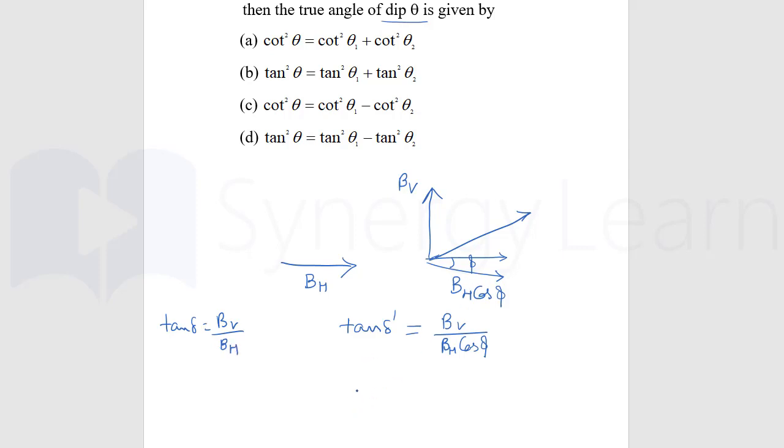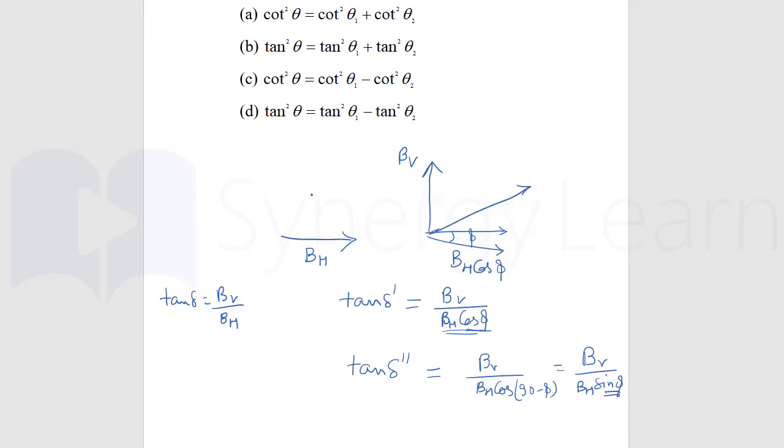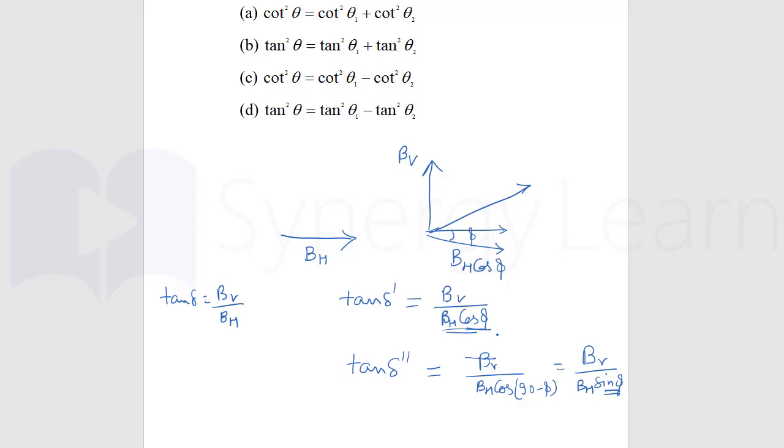In two perpendicular planes, if in one of the planes we have component BH cos phi, then in its perpendicular plane tan delta double dash will be equal to BV by BH cos 90 minus phi, which is sin phi. That is BV by BH sin phi. We already know that in perpendicular planes, if one of the components is cos, then the other will be sin. So what we see here is that cos phi and sin phi come in the denominator.